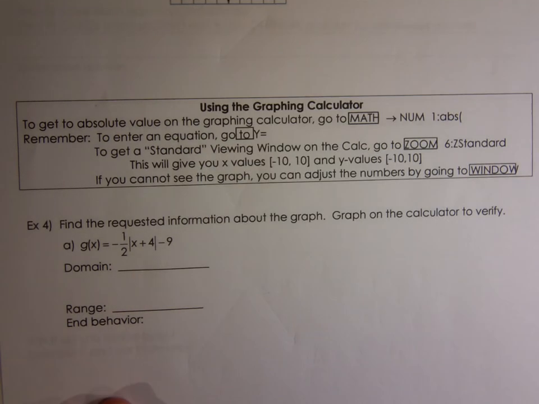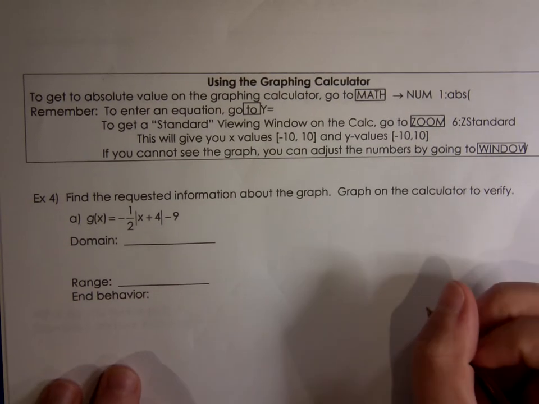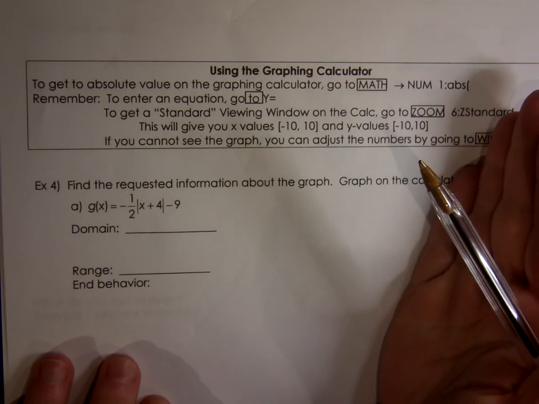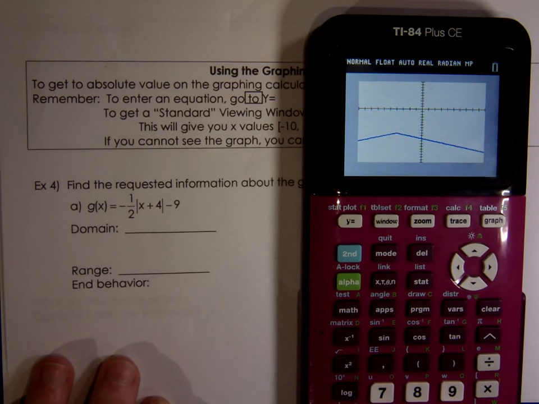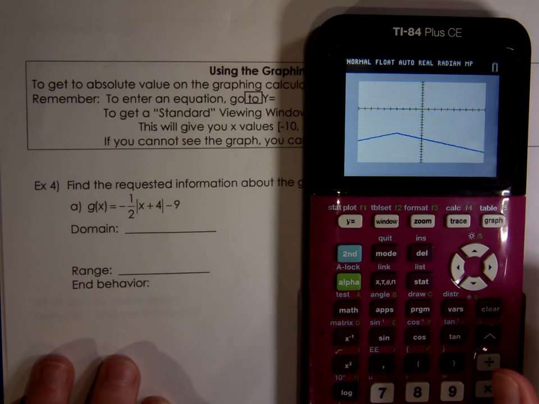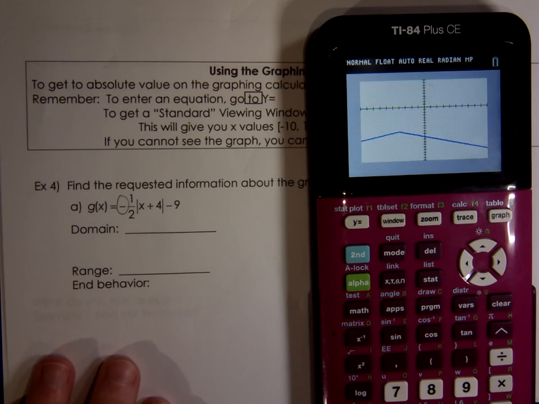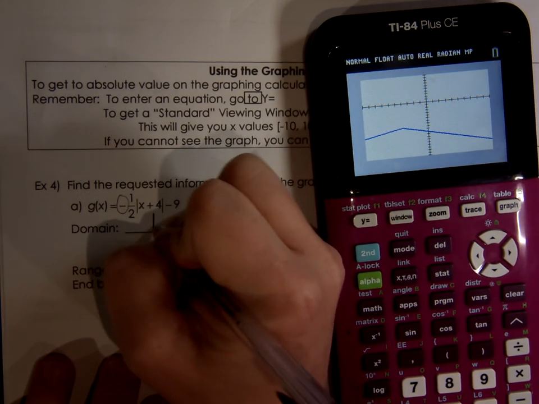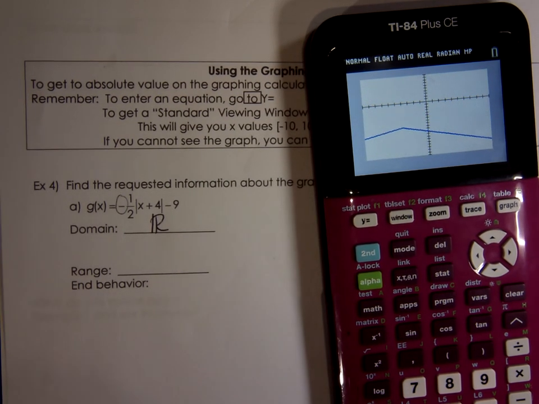And it's saying for number 4, find the requested information about the graph. So we want to find the domain, and looking at this graph, we can see that it is pointing down. And that makes sense because our A value is negative. So our domain is still going to be all real numbers, but that means that our end behavior is going to be a down-down situation.